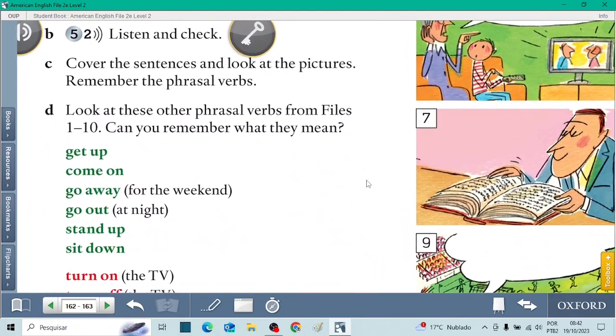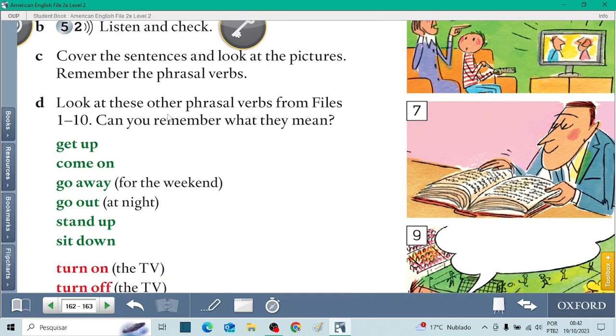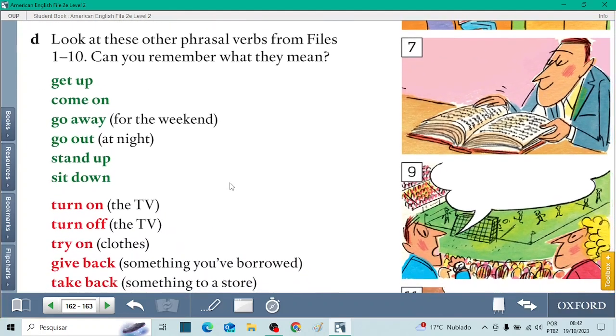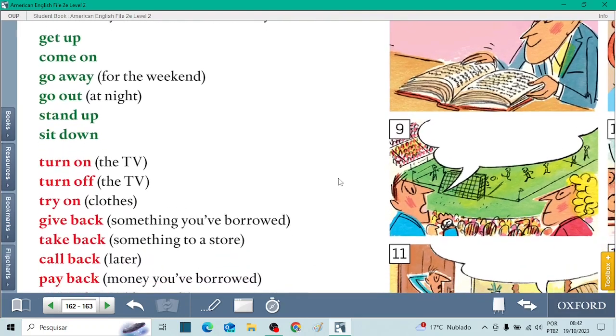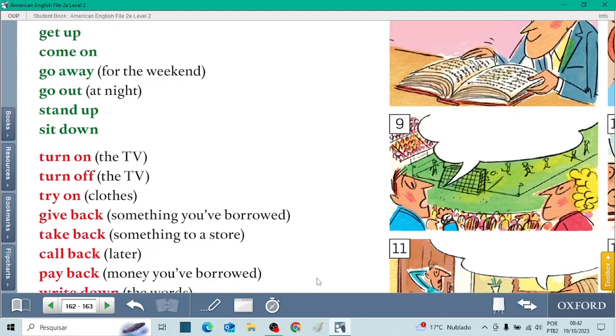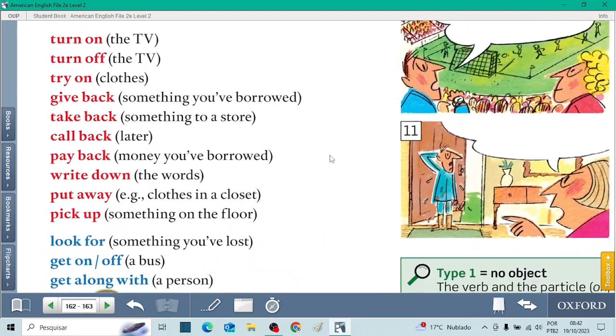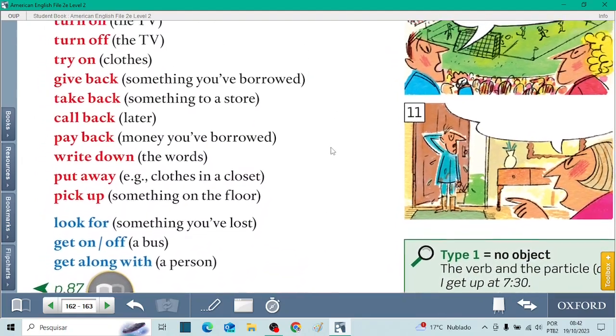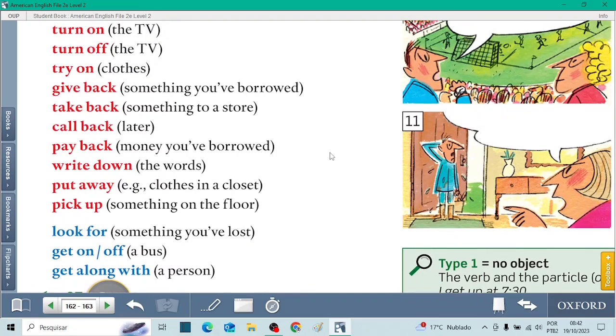Now let's try to cover the sentences and look at the pictures, trying to remember the phrasal verbs. And down here in letter D, you will have all the phrasal verbs from files 1 through 10. Can you remember what they mean? So pause the video, check them out, and try to see if you can remember the meaning of them.